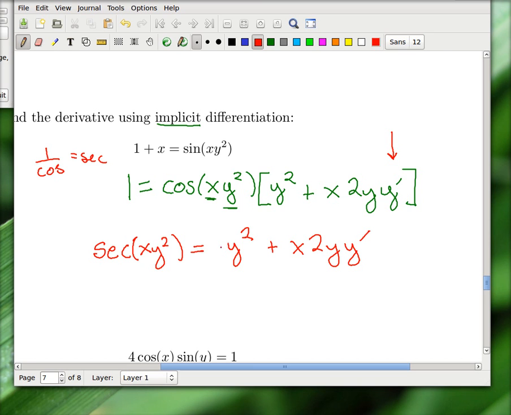It's maybe so clear that I feel silly continuing to talk, but it is like this. The y squared comes over, minus y squared. And what else have I got? I've still got x 2y y prime here.